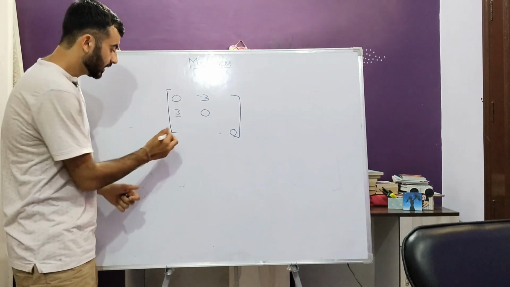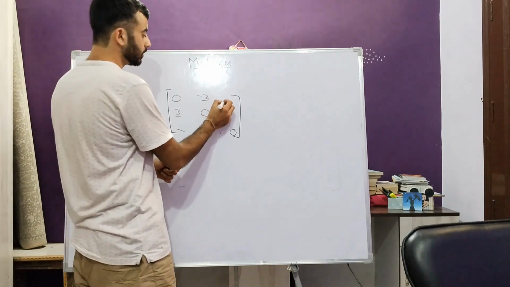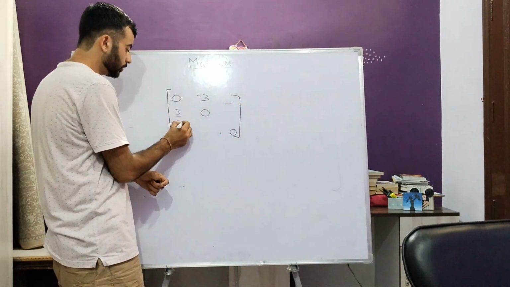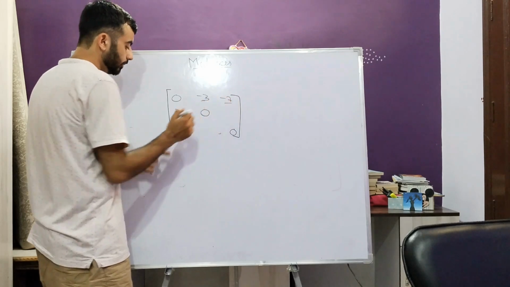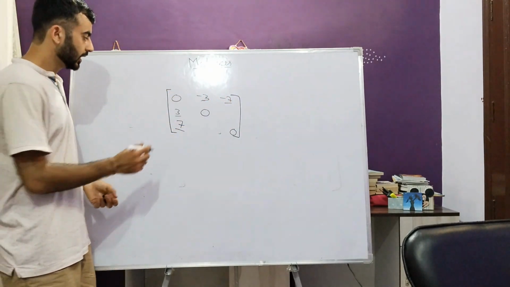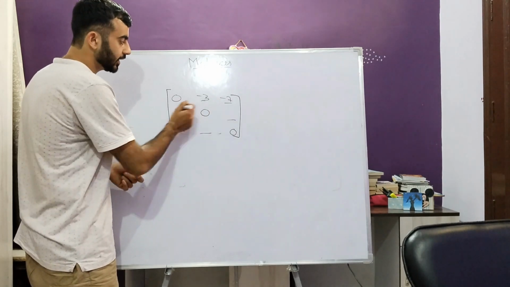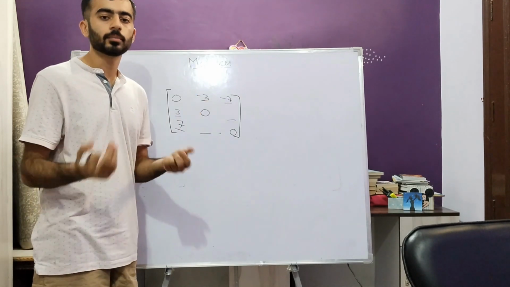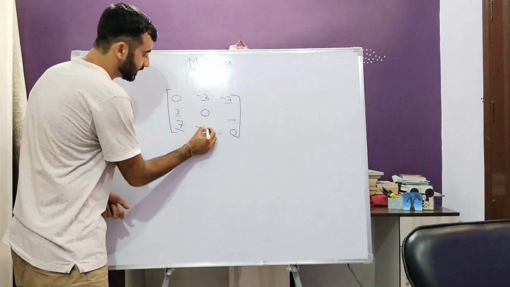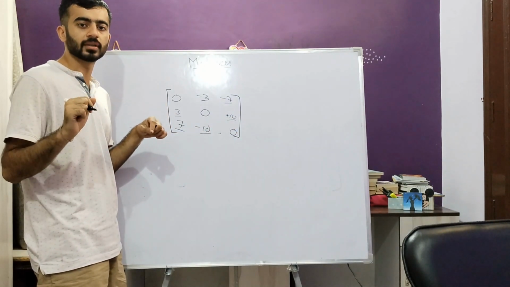The element at third row first column and the element at first row third column should add up to 0: plus 7, minus 7, or minus 7, plus 7. The element at third row second column and second row third column should add up to 0. For example, minus 10 plus 10. So this is an example of a skew symmetric matrix.